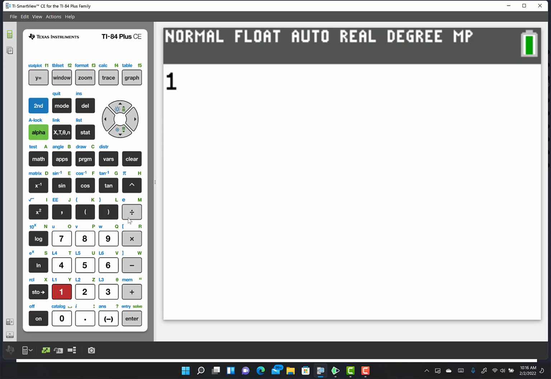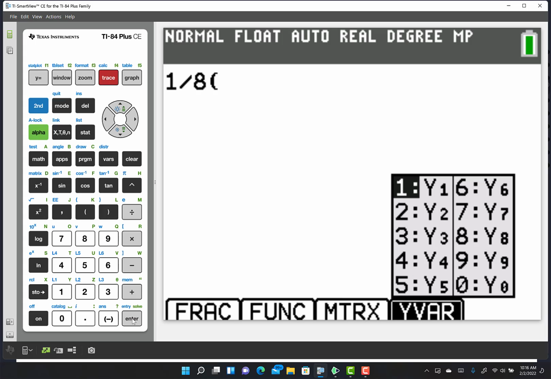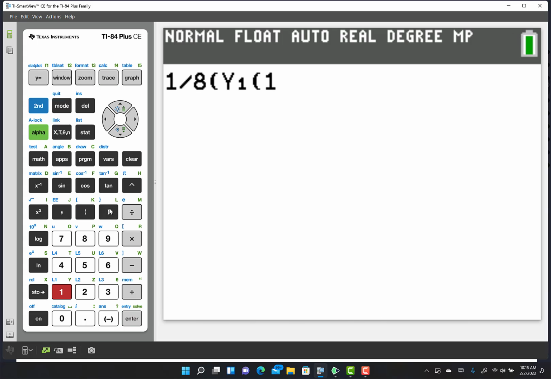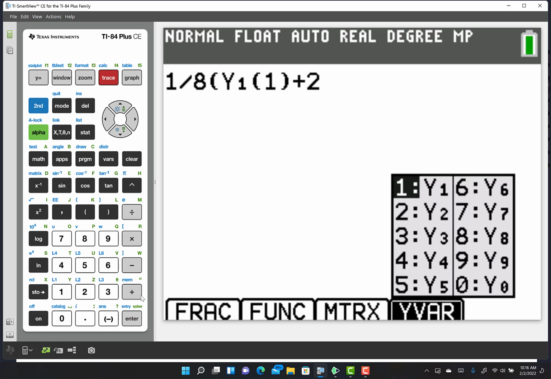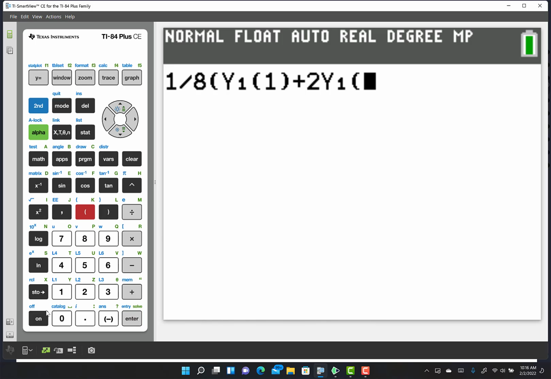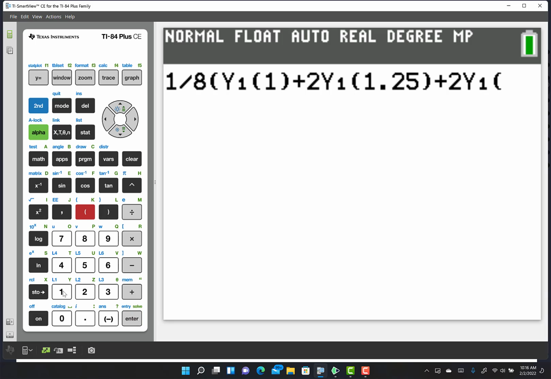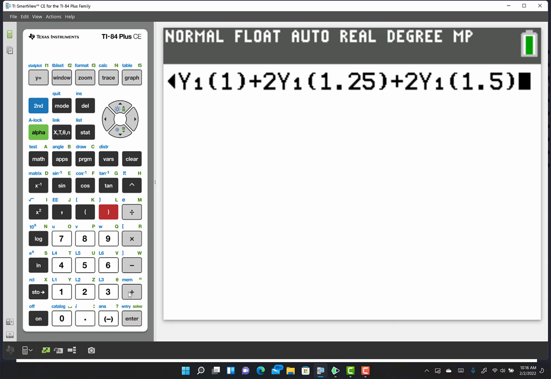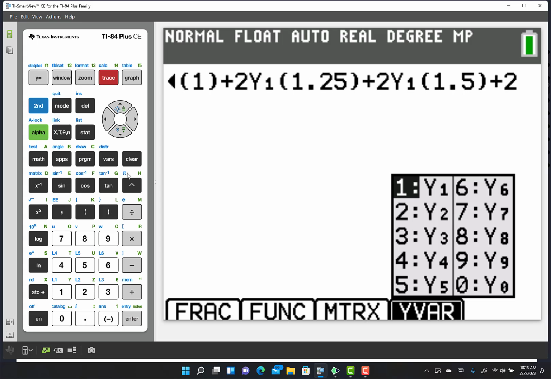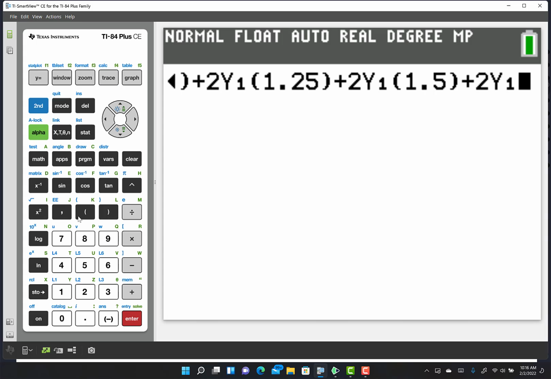Let's see. So 1/8. Here's my 1/8. 1/4 divided by 2 is 1/8, right, guys? Giant parenthesis, and then I'm going to go alpha trace, enter, and then we started it at 1, plus the next one has a 2 in the front, so 2, alpha trace, y1 at 1.25, plus 2, alpha trace y1 at 1.5, plus 2 alpha trace y1 at 1.75.